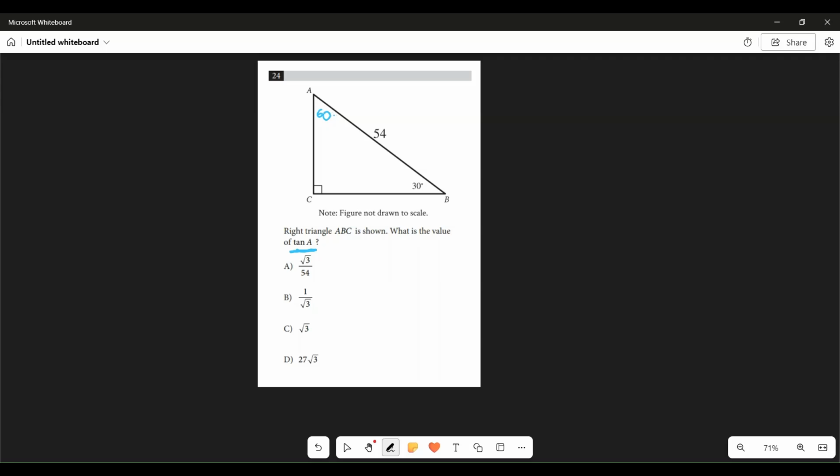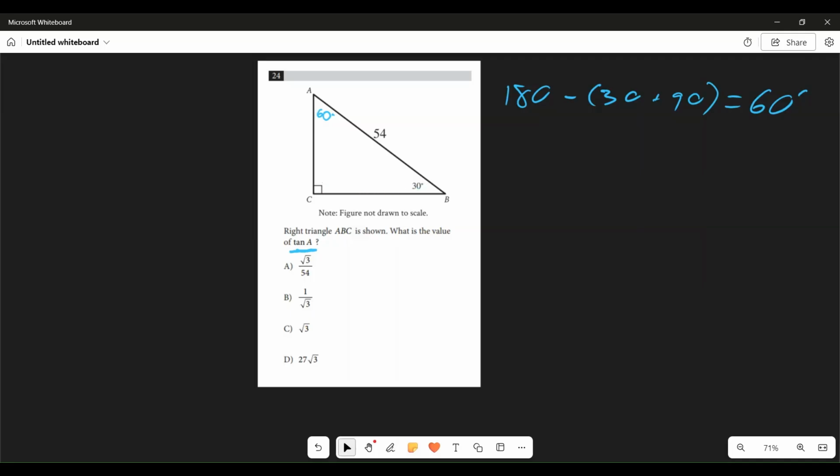I just did 180 minus 30 plus 90 real quick in my head, and that gave us 60, which was this final angle over here. So now we know that this is a 30, 60, 90 triangle.